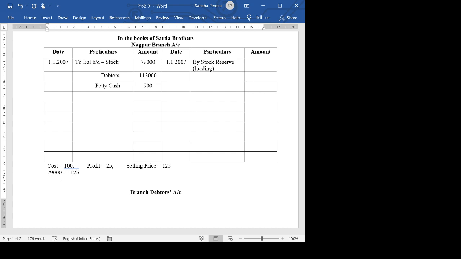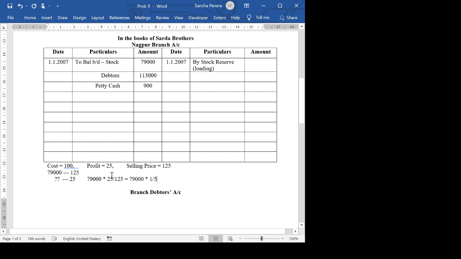We need to know the element of profit. 25, it is how much? If we cross multiply this, we get 79,000 into 25 divided by 125. So you can also get it as 79,000 into 1 upon 5.